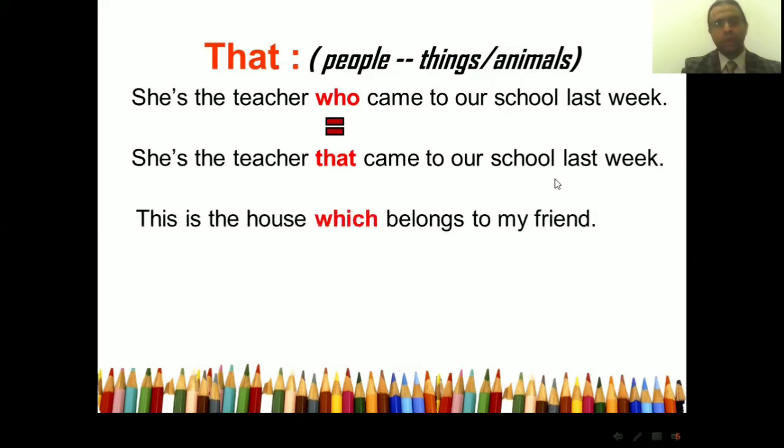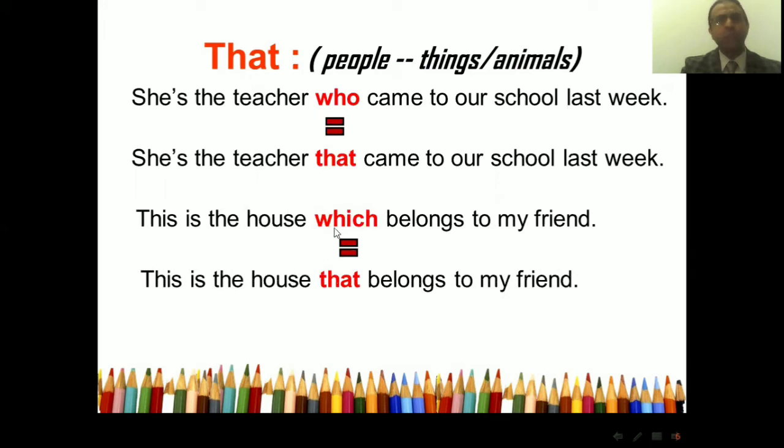So another example. This is the house which belongs to my friend. Here I used which because I'm talking about the house, and the house is a thing. So I can use that instead of which. This is the house that belongs to my friend.